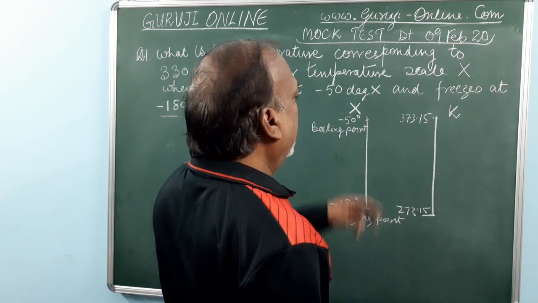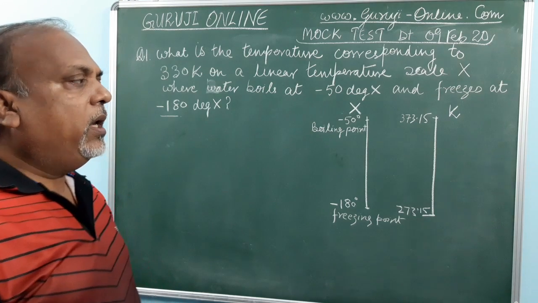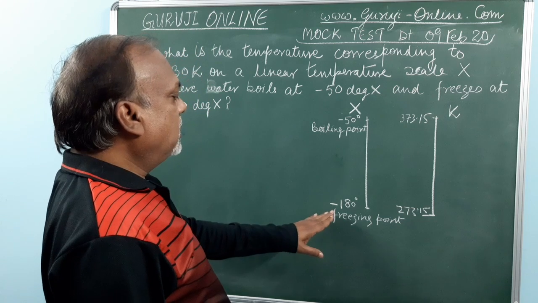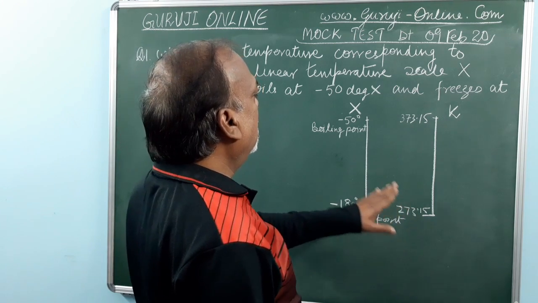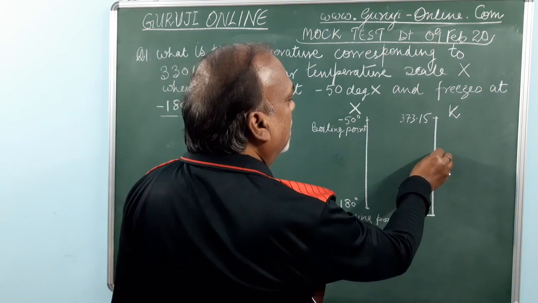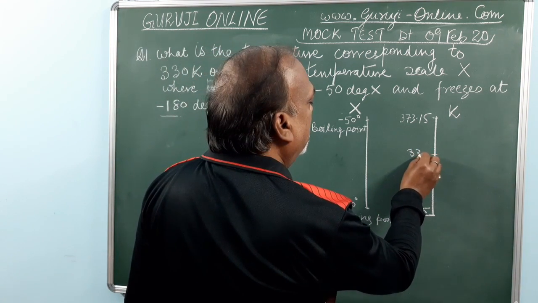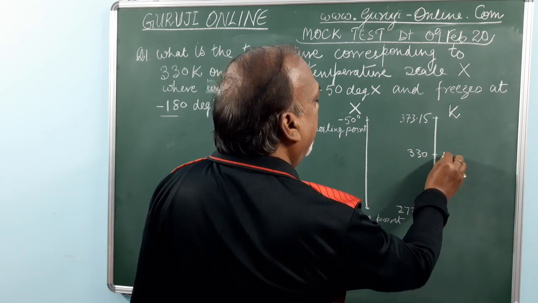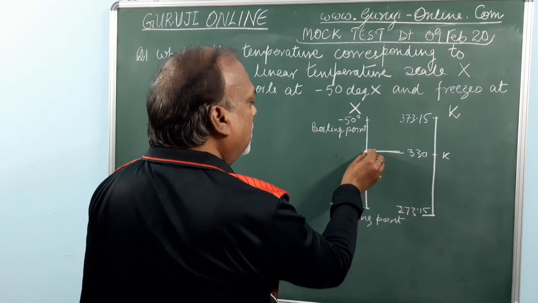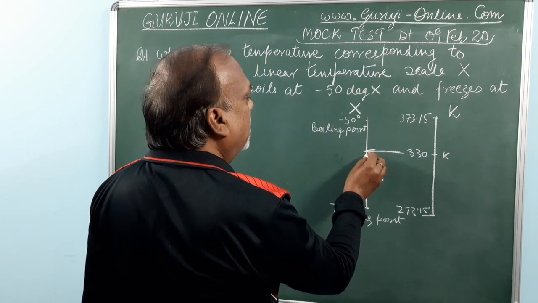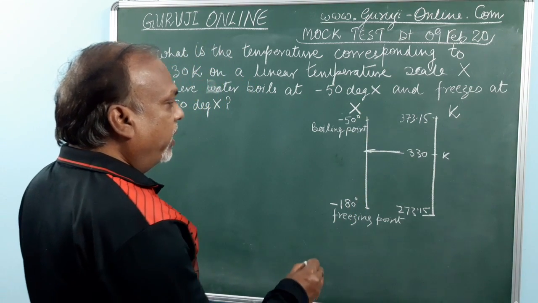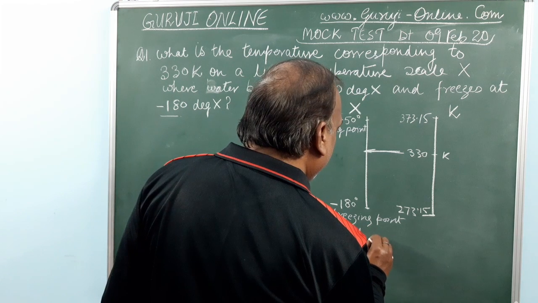Here we don't write degree, we denote Kelvin as it is. So this temperature corresponds to this. Now this is 330 Kelvin, and corresponding to this we have to find the temperature on the X scale, and the variation is linear.